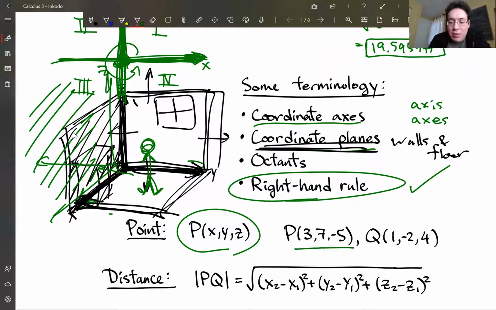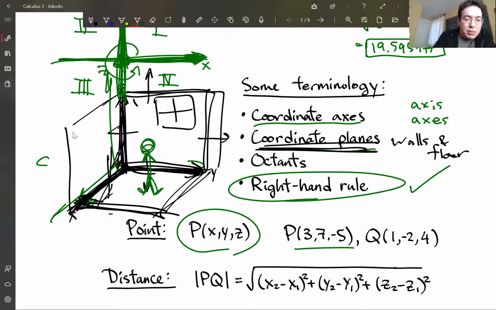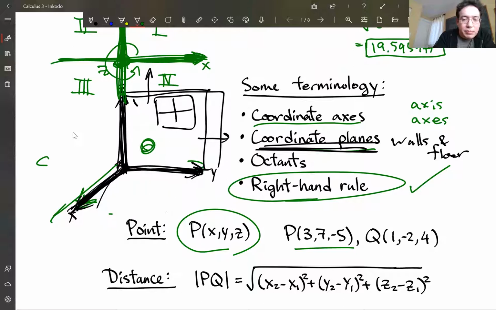So (3, 7, -5) means I'm going to look at the space. Sorry, I'm going to try to erase this.